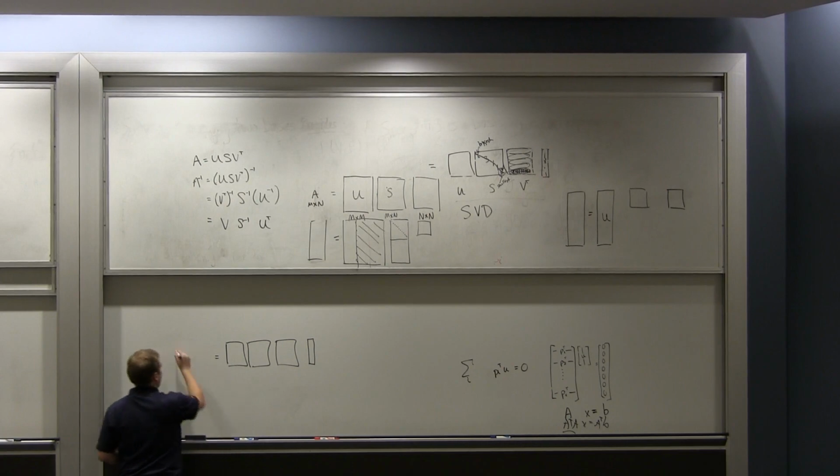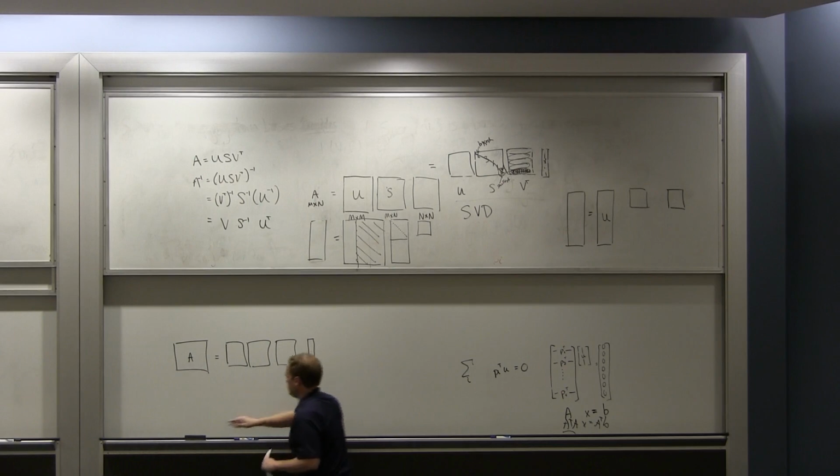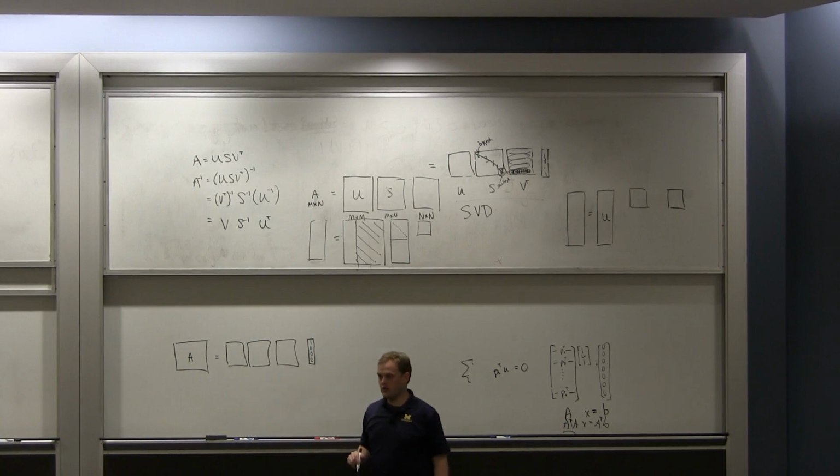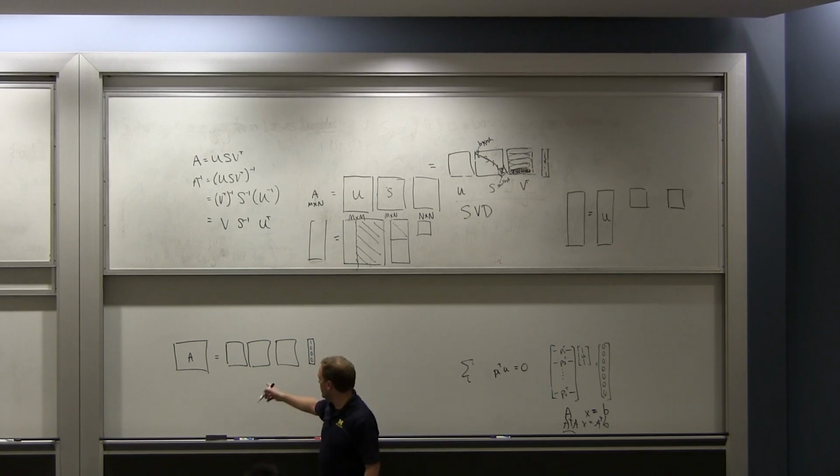Let's suppose this is A over here. Let's suppose I put in the x hat direction here. What am I expecting to get over here?